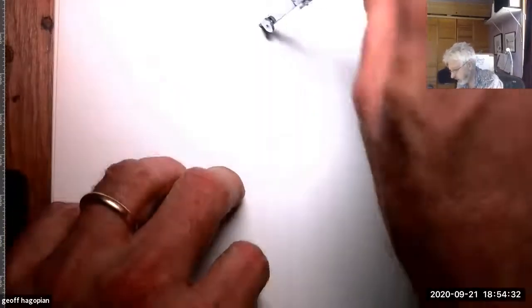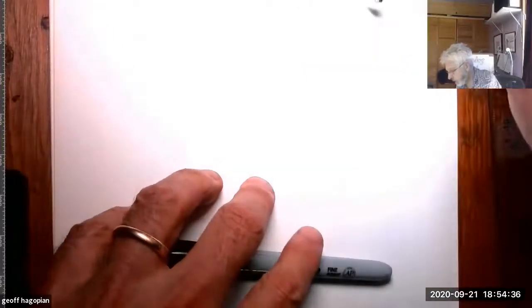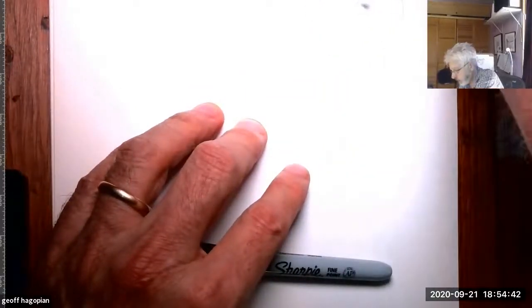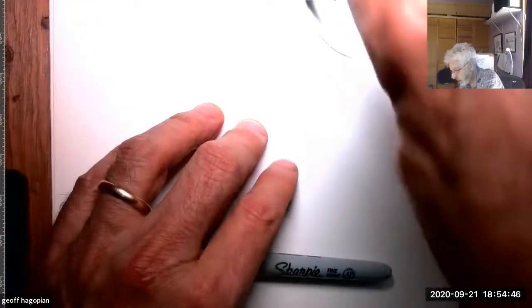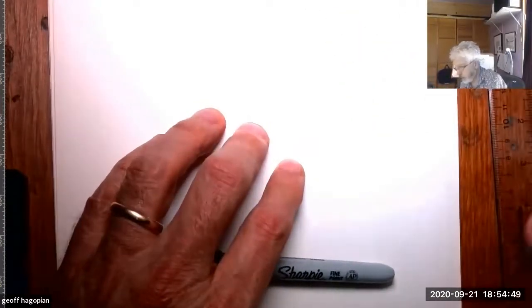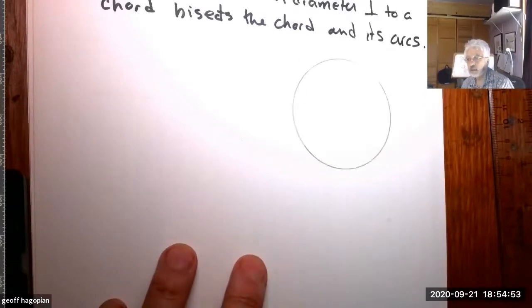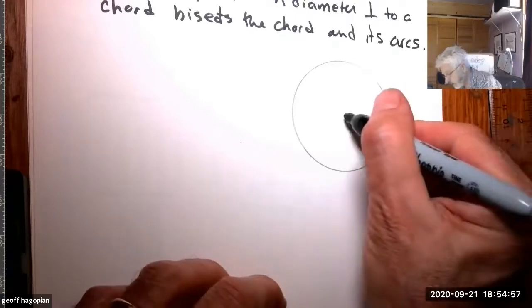And I can make my circle here now. I've got a fancy circle maker. Make it a little bit bigger. All right. Is that better? Okay. So here's the center, right?